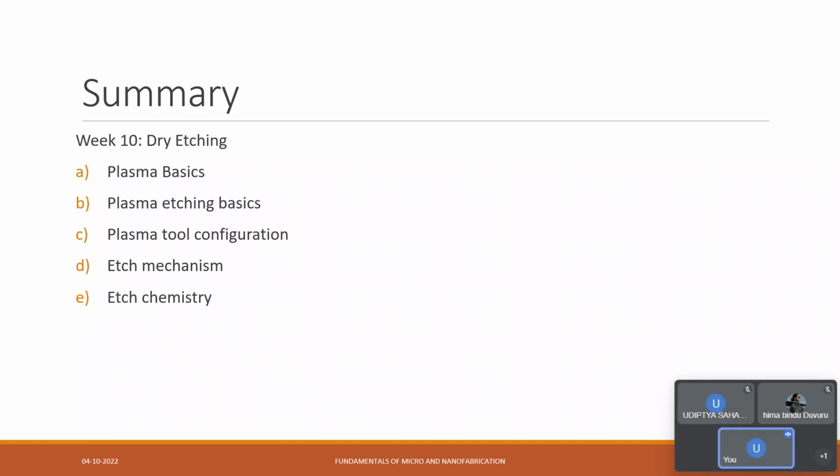The third video was on the configurations and technical specifications, how these are used in state of the art devices or systems. And then we got to know about the etch mechanism.